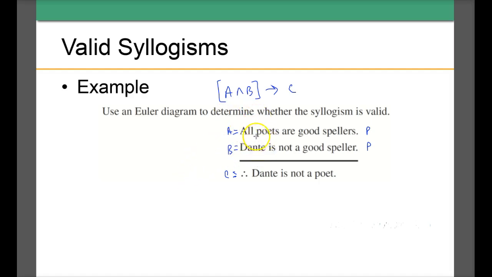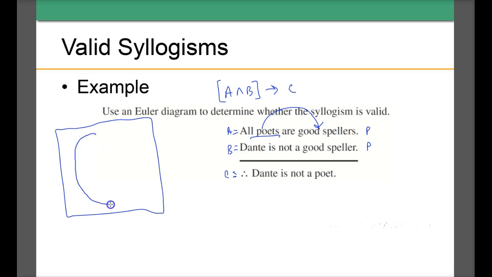All right, so here we're saying all poets are good spellers, so that's our premise here. So we know that the poet has to be inside a set that says good spellers. So this is everything that we are considering. And of course, we have this set here called good spellers, and we know that poets have to be inside of there.